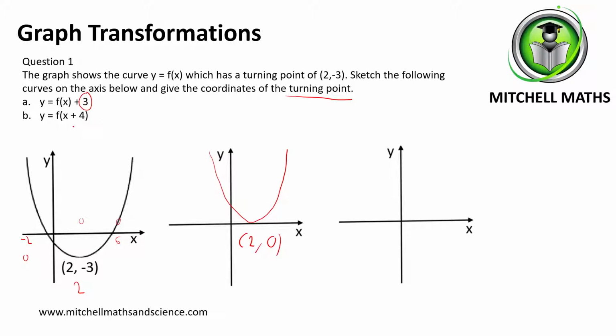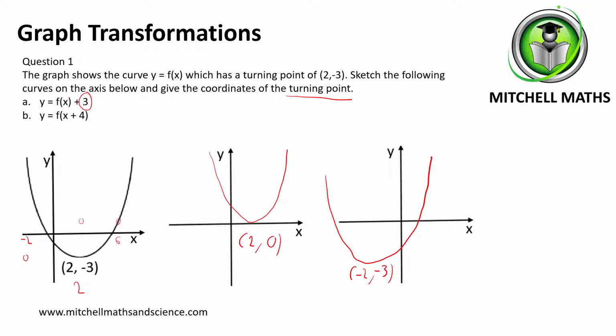And if you subtract something, it'll go in the positive x direction to the right. So in this case, I'm going to go 4 to the left, and I'll get something like this. And my minimum point will be minus 2, and the y value won't change, so it'll be minus 3.